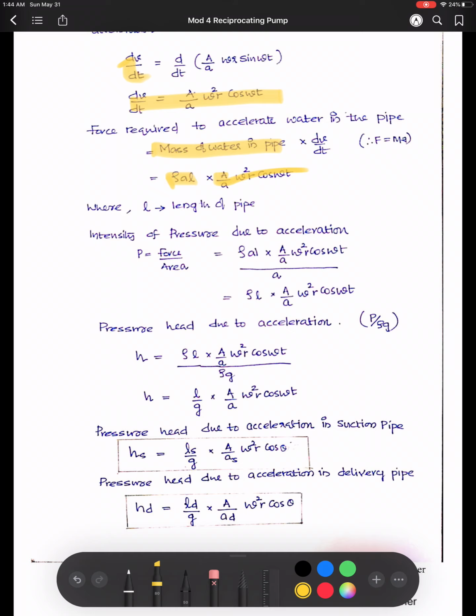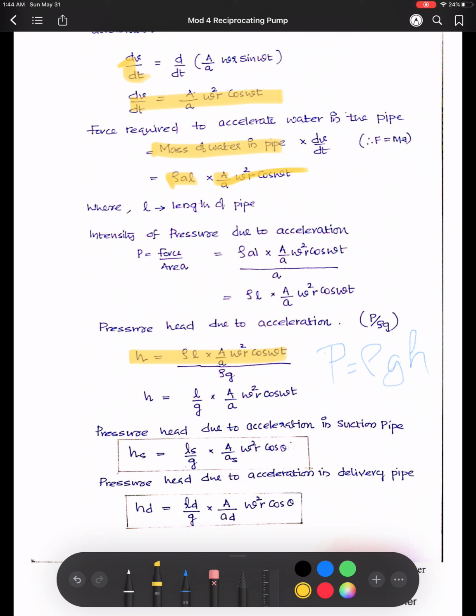Next we will find the pressure. We need to find the pressure head, right? Before that we have to find the pressure. So pressure is force by area. We'll just divide the force by small a. You'll get the pressure. Next we'll find the pressure head using the equation P is equal to rho g H. So H will be equal to P by rho g.